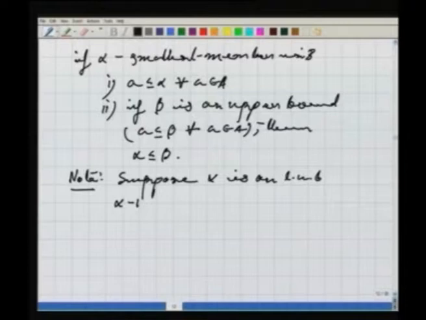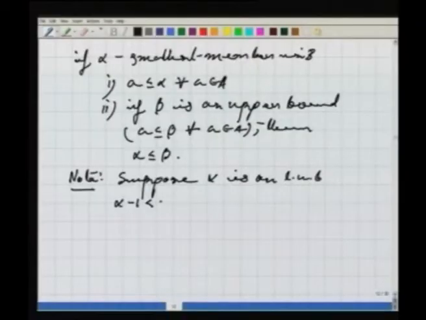The question is, can this be an upper bound? Well, least upper bound means it is the least among the upper bounds. So, alpha minus 1 can no longer be an upper bound. That means there must be some element in the set A which is bigger than this number alpha minus 1. That is, alpha minus 1 must be strictly less than a for some a in A.